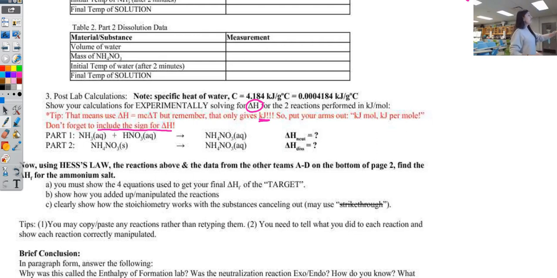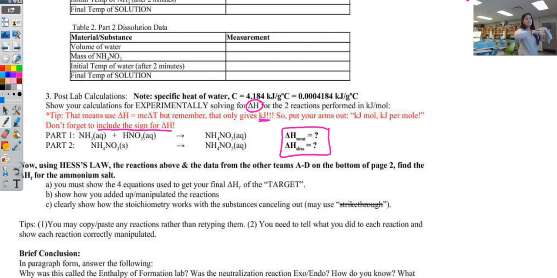Okay, then what you're going to do, the very last part is, you're going to use Hess's law, the reactions above, so your answers to these 2 right here, as well as the answers from teams A through D on the bottom of page 2, and you're going to try to figure out what your target delta H value is.